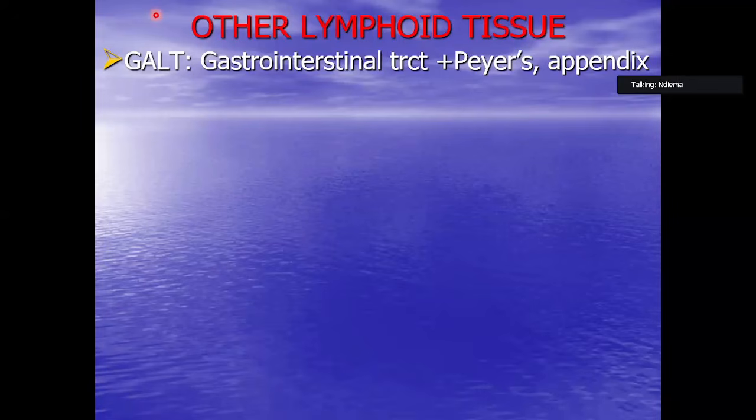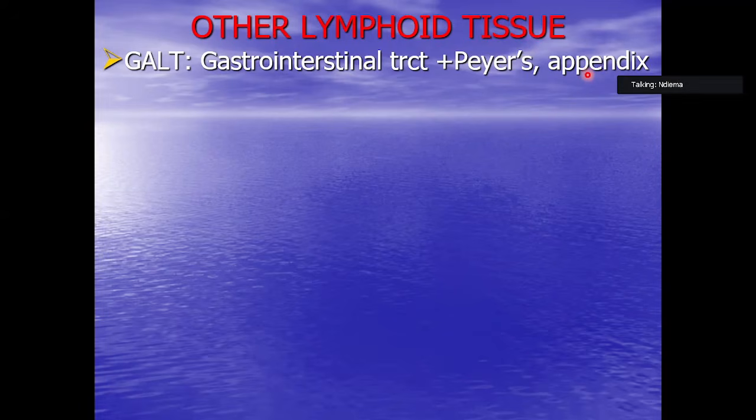Mucosal associated lymphoid tissue includes gastrointestinal associated lymphoid tissue that is associated with the digestive tract. Of importance in the gastrointestinal lymphoid tissue are Peyer's patches. Peyer's patches are in the ileum, and within the appendix, the entire lamina propria and the submucosa.